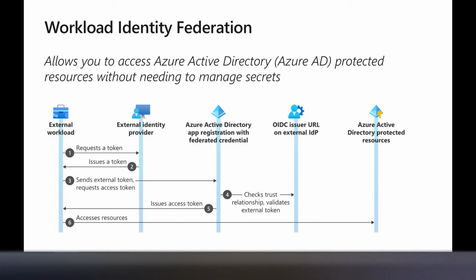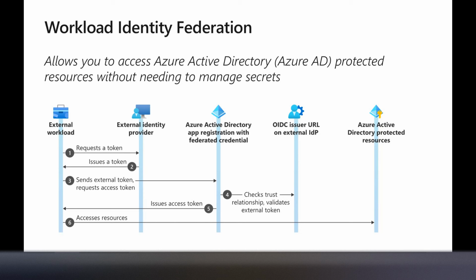Good. So as I said, step 4 is the key here. Before, this used to be a secret. You create a secret in the app registration and send it to an external resource, and they used it to access that service principal.